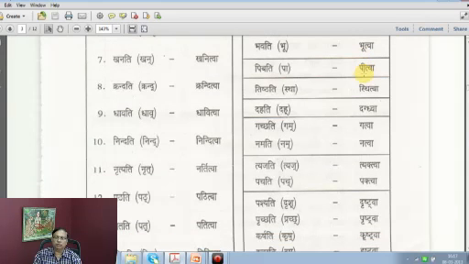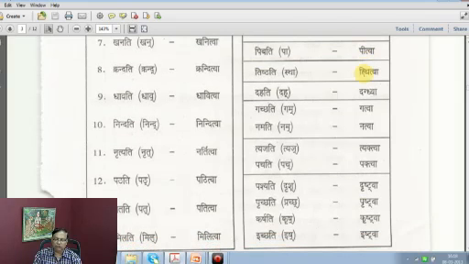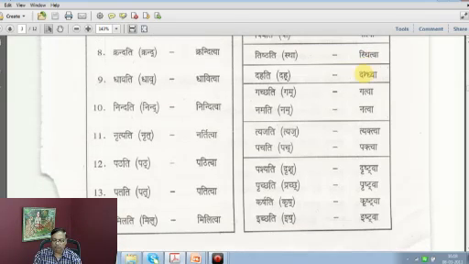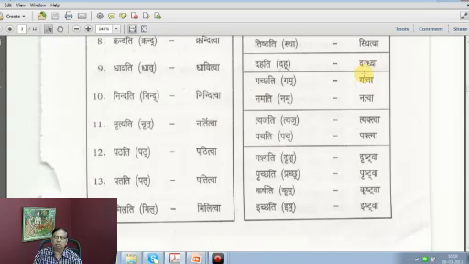Pibati comes from the root verb pa to drink, pa pane. Pibati pitva. Then tishtati is derived from the base verb stha root. So it becomes sthitva. Daha is to burn, dahati is the present tense form. Dagdhva, now here there is a little change. Sandhi rules apply here.